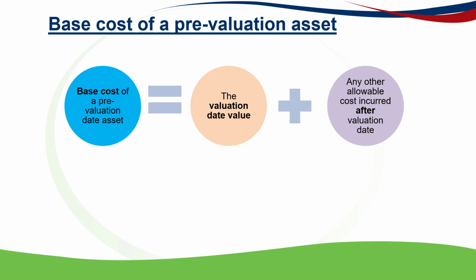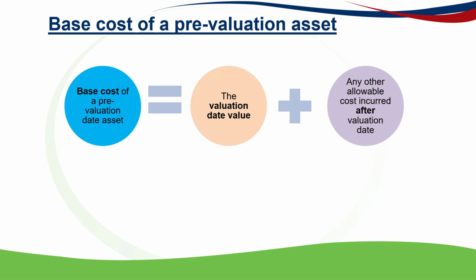The base cost of an asset acquired before the introduction of capital gains tax on the 1st of October 2001 is the sum of the valuation date value and any allowable cost incurred after valuation date.